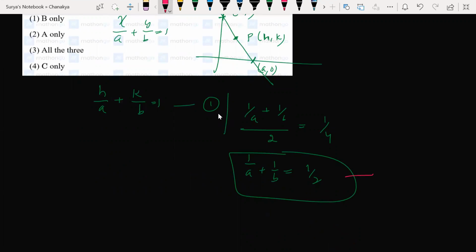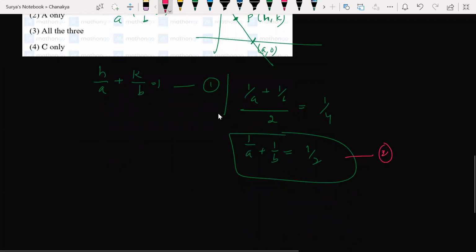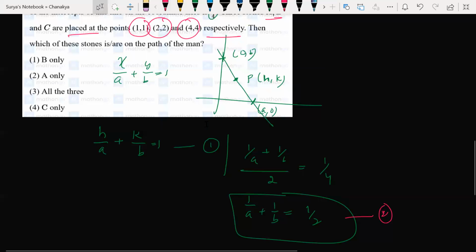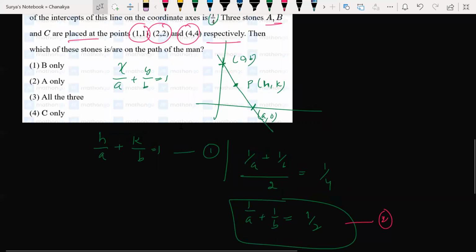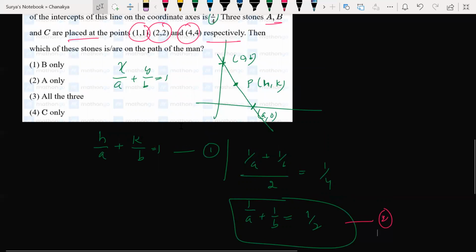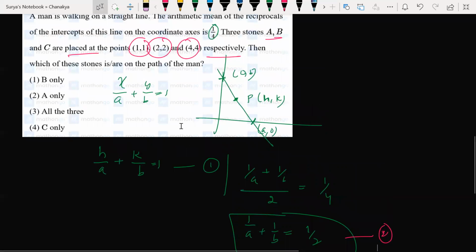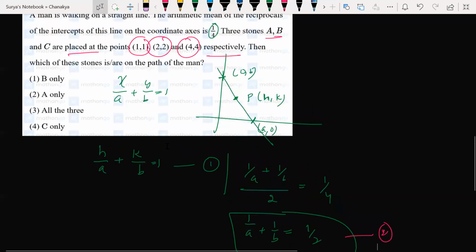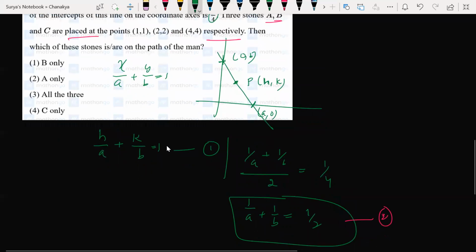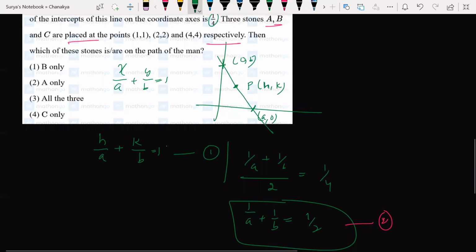So let's take this as my second equation. Tell me guys, from 1 and 2, what do you observe? Through what point is the line passing? Not 1, 1 or 4, 4. Only 2, 2, right?